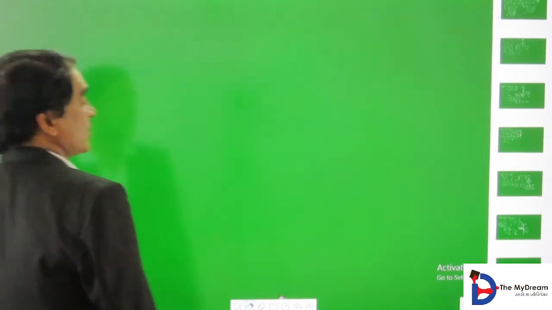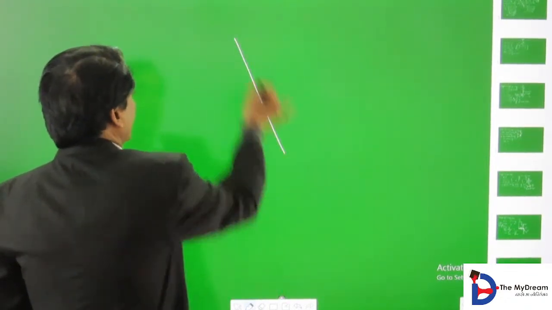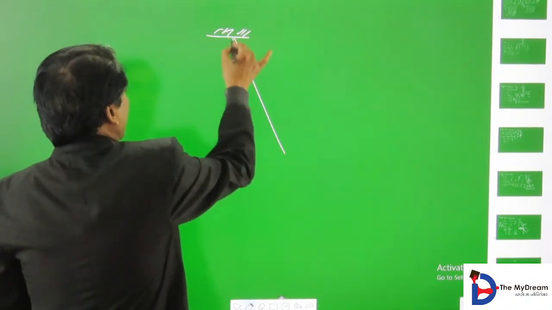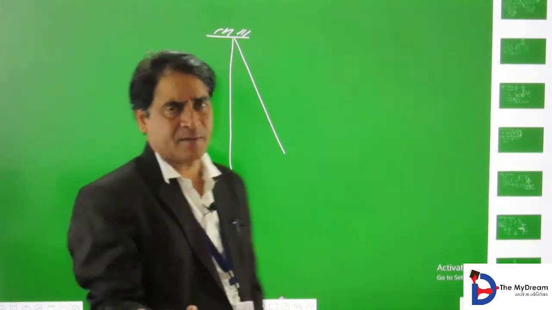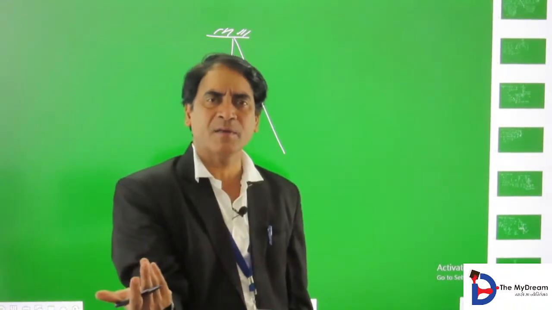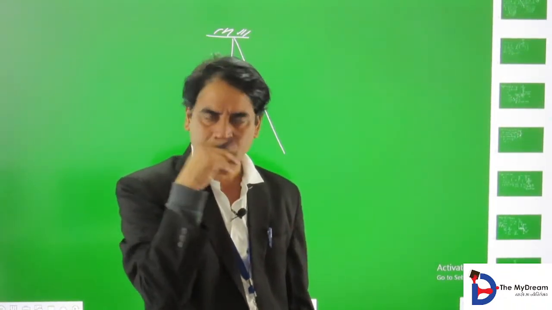नेक्स्ट, नॉन यूनिफॉर्म। If the frame of reference is non-uniform, यानी कि वेरिएबल वेलोसिटी है, सीधी सी बात। If there is a variable velocity which shows the non-uniform feature of frame of reference.